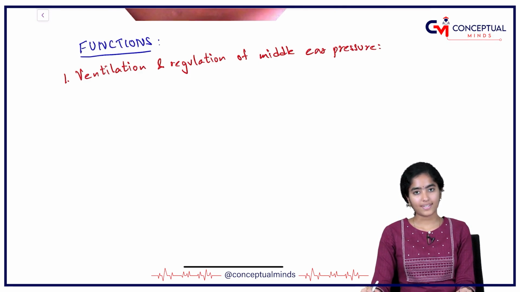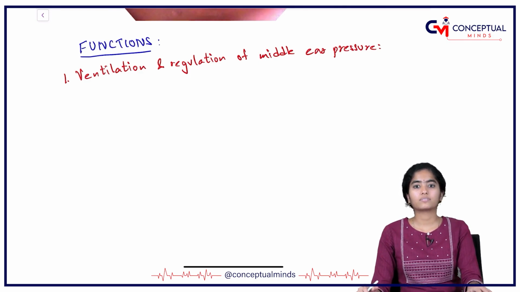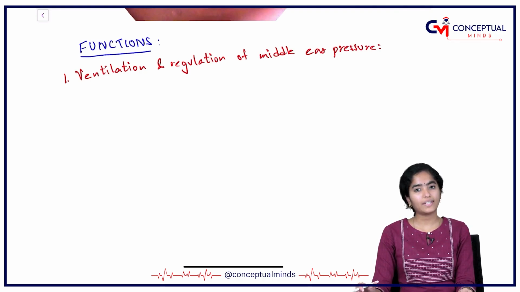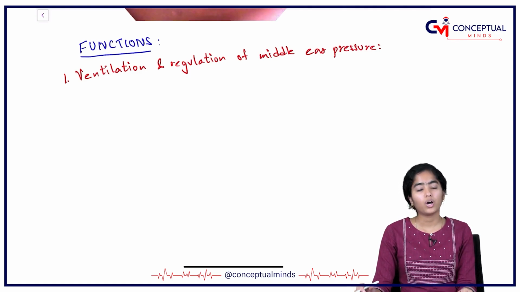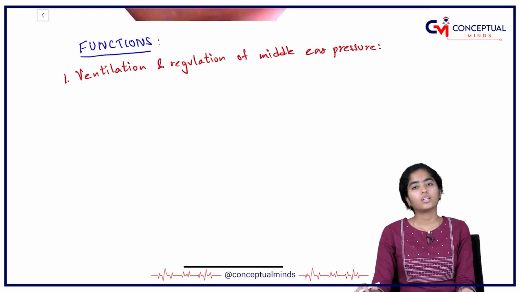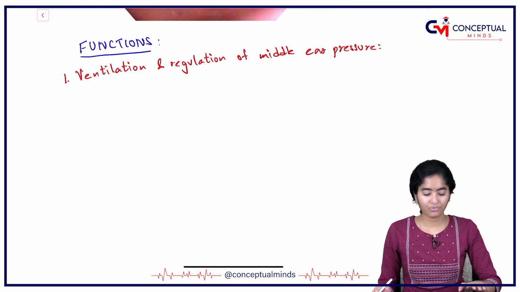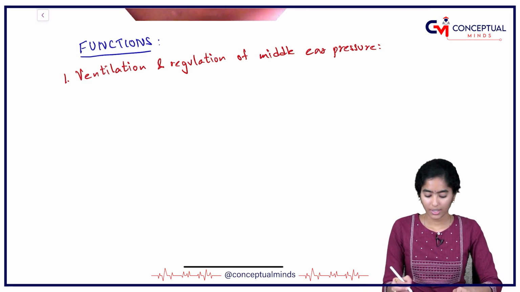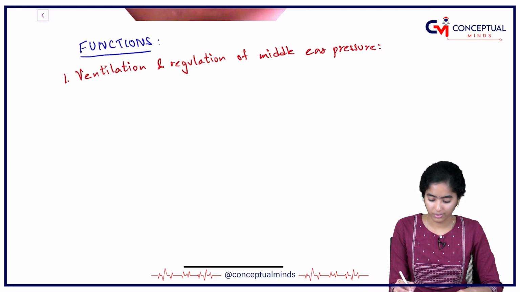So it cannot equalize the pressure properly, plus the draining activity and ventilation of the middle ear by the Eustachian tube is not done properly, and that leads to frequent middle ear infections in children less than 10 years. At 7 to 10 years of age, the Eustachian tube becomes normal. So the first function is to equalize the pressure.